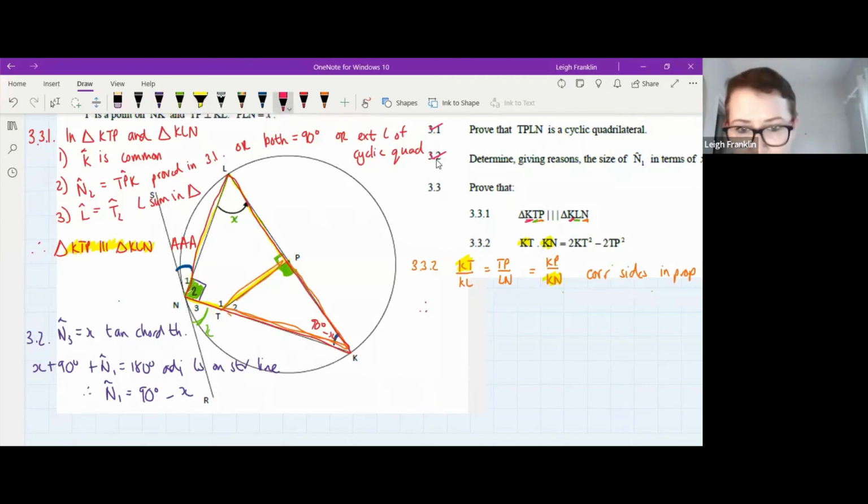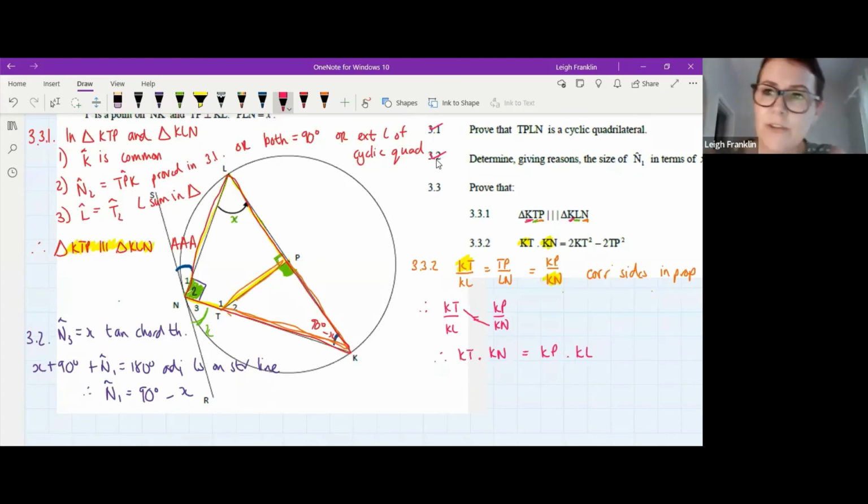That means that KT over KL is equal to KP over KN. Then they've cross-multiplied because they've got KT times KN. So they've multiplied those two together. So what that means for us, Matrix, is that KT times KN is KP times KL.